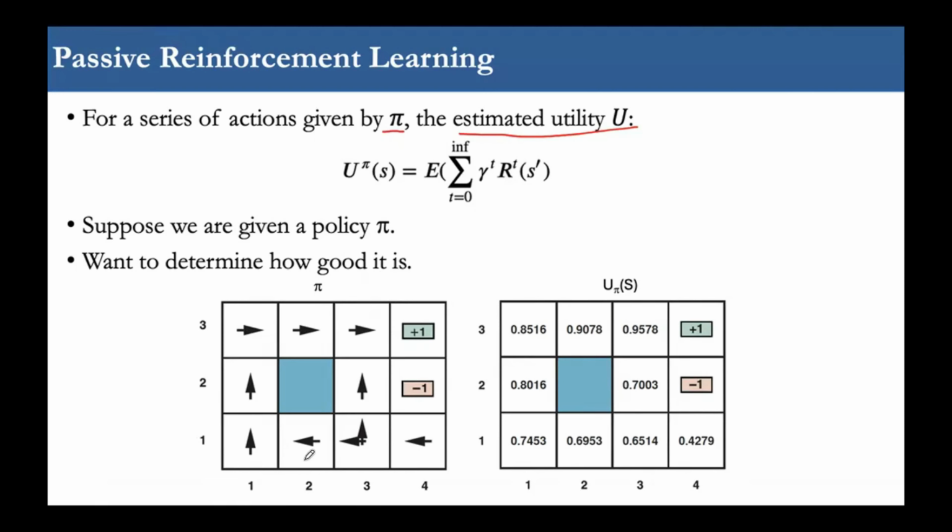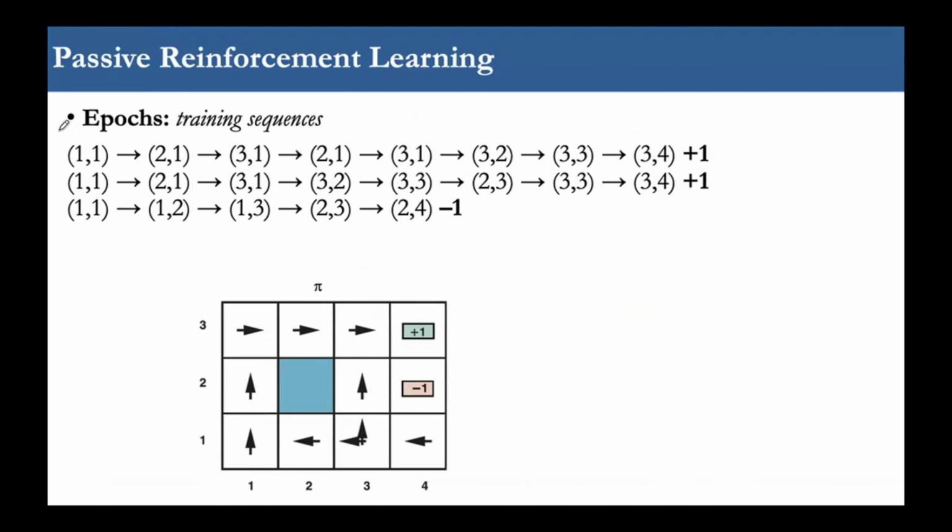We want to determine how good this policy is. So to determine how good this policy is, we will be calculating the estimated utility value U pi of S. So how to calculate the estimated utility value? We'll see. Actually, it is done by taking so many training epochs.